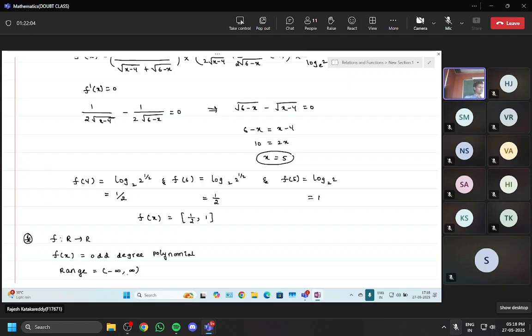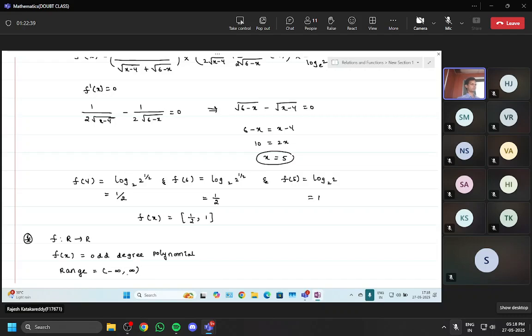Even though you are at infinity, cos x will be between minus 1 and plus 1, but x is at infinity. In comparison between 1 and infinity, infinity is the bigger value, so we will discard 1 and neglect it. So the range is minus infinity to plus infinity. To prove it is one-one, we will prove it is increasing or decreasing. Differentiate, f dash x will be always greater than or equal to 0.